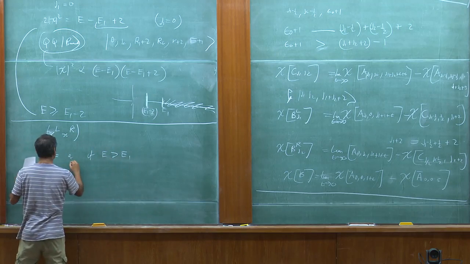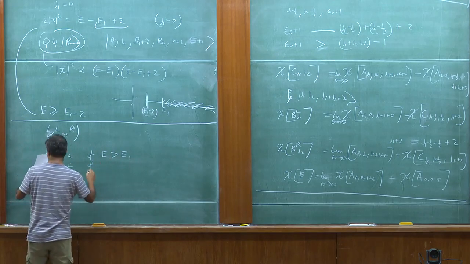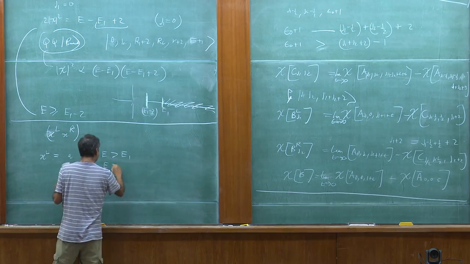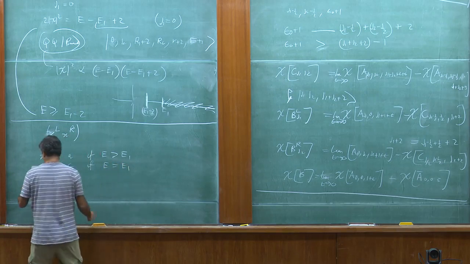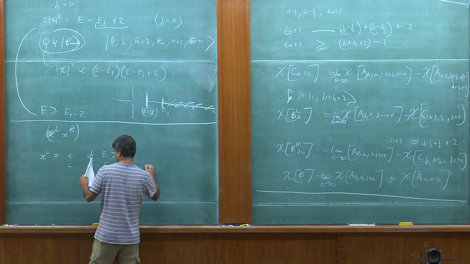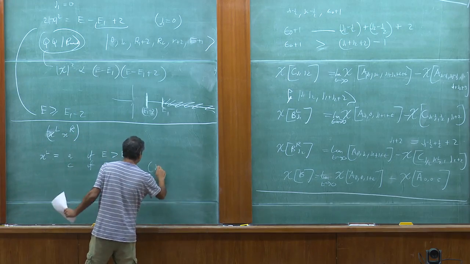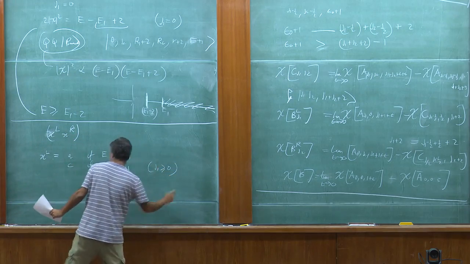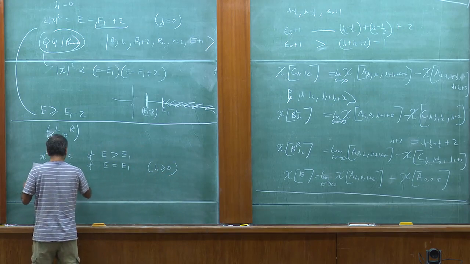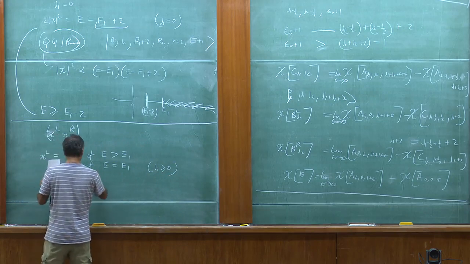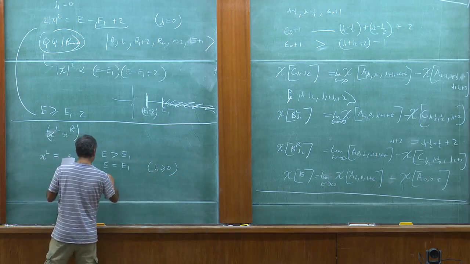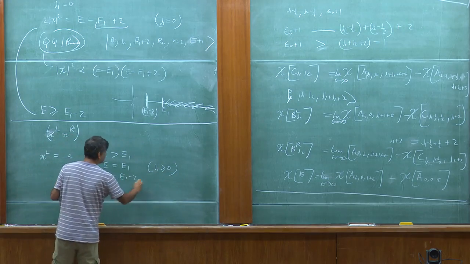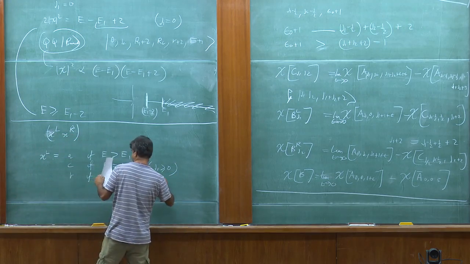XL is equal to C if E is equal to E1, for any J1 greater than or equal to 0. And XL is equal to B if E is equal to E1 minus 2 at J1 equals 0.